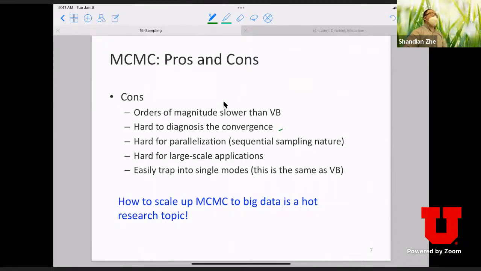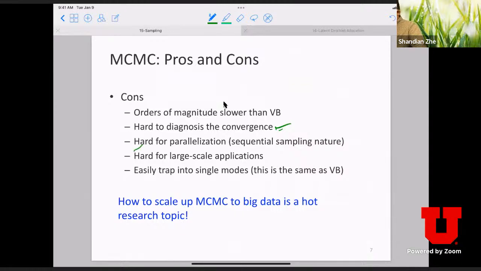There are a bunch of heuristics, like you can look at the trace plots, the trajectory of your samples, and if they become stable, not perturbing a lot, then that may be a good sign, but there's no guarantee on that. So that's something annoying. For good chains, it can converge fast, but for bad chains, it converges forever. You can run forever until convergence, meaning that you might need 100 years to converge. It's not meaningful at all.